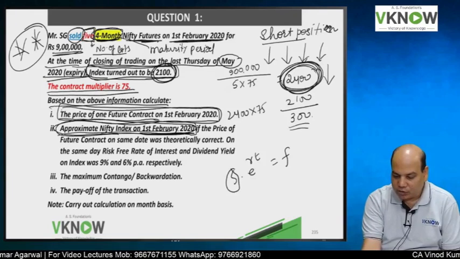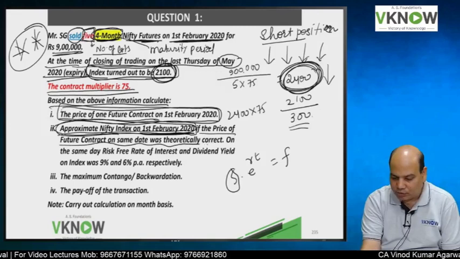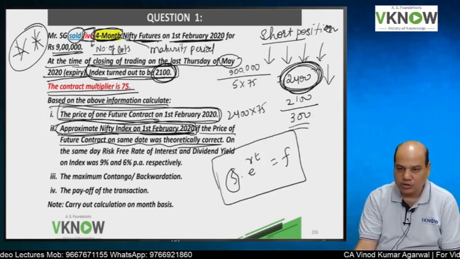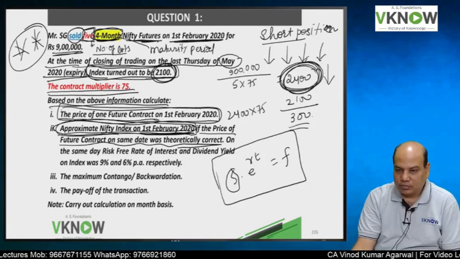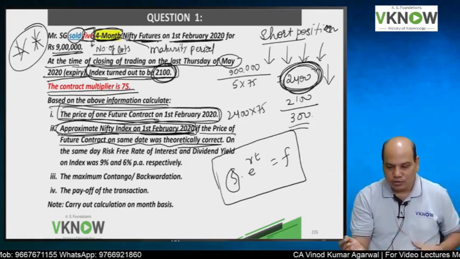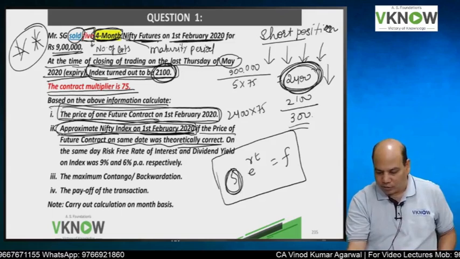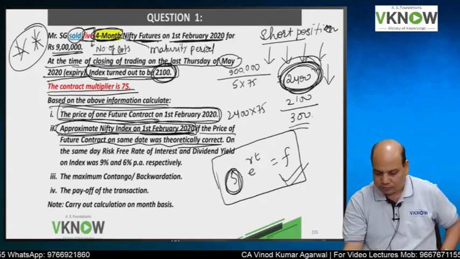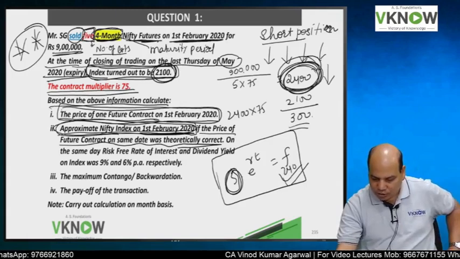Approximate Nifty index on 1st February if the price of the future contract on the same day was theoretically correct. Theoretically correct means it follows this equation. Spot price plus interest effect is equal to future value. So you have to find this value. This is 2400, which we have already calculated in the first part.